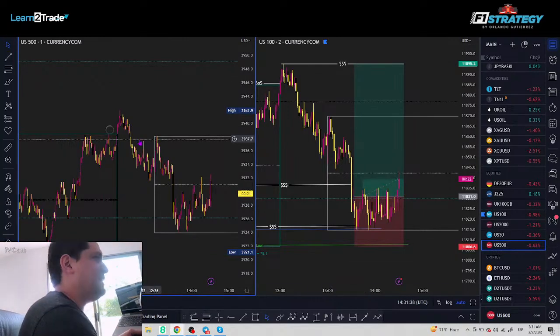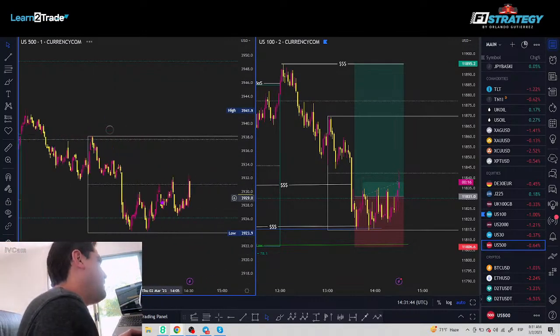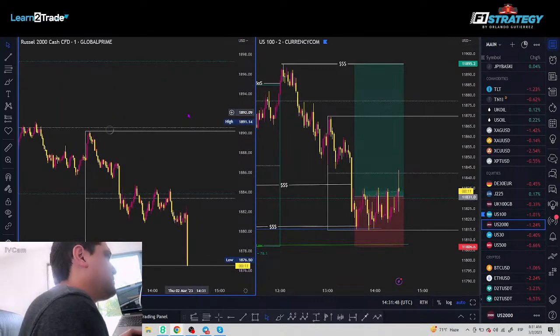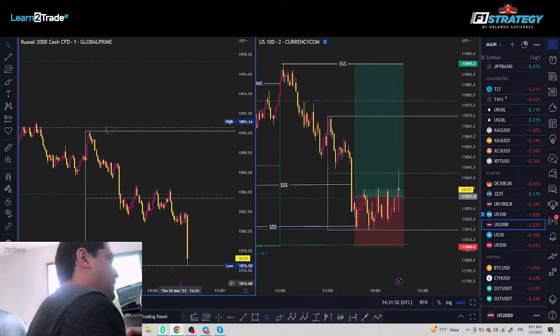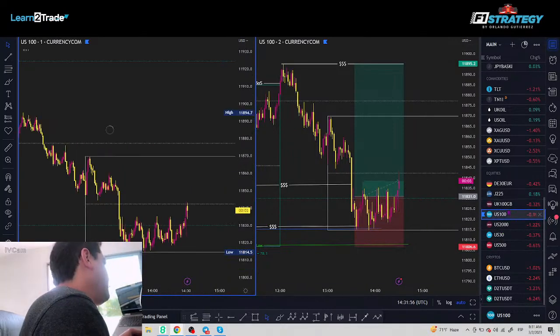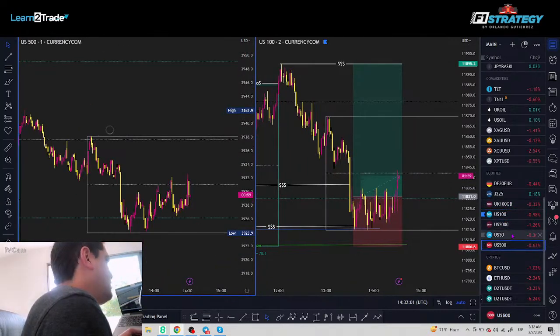Nasdaq is leading, so we might get an entry on the S&P 500. Maybe not. Maybe on the Russell. Whoa, the Russell just crashed. Yeah, but the Russell is mid caps, guys. The Russell is mid caps. So yeah. Look at this.